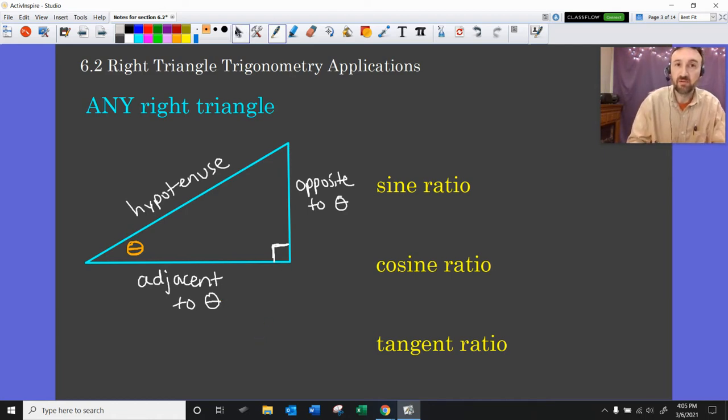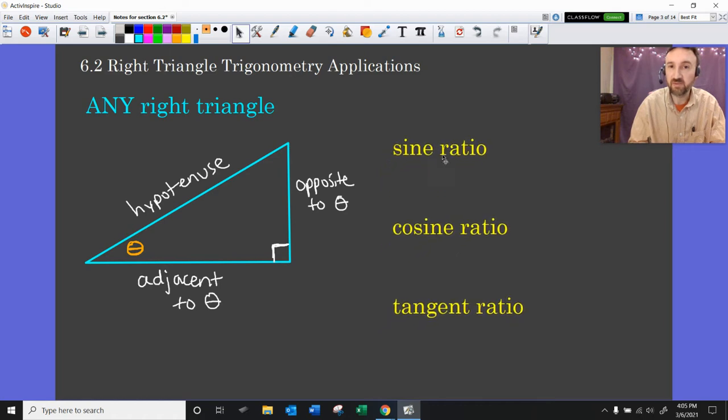When you are dealing with these various ratios, we can have a sine ratio, a cosine ratio, and a tangent ratio. The sine ratio is equal to the length of the side opposite to theta, divided by the length of the hypotenuse. A lot of times we abbreviate this and write opposite over hypotenuse.